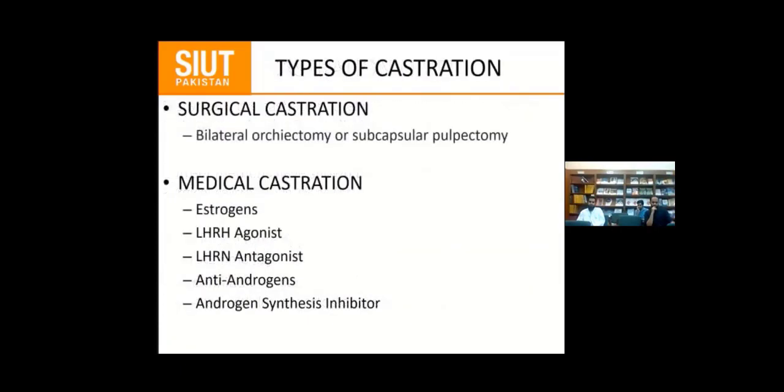Different types of castration. We have surgical castration and medical castration. Surgical castration will include bilateral subcapsular orchidectomy, also called subcapsular pulpectomy. Medical castration includes estrogen therapy, LH-RH agonist, LH-RH antagonist, anti-androgens, and androgen synthesis inhibitors.